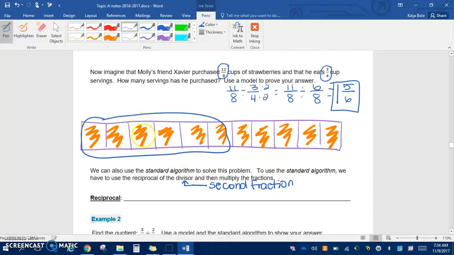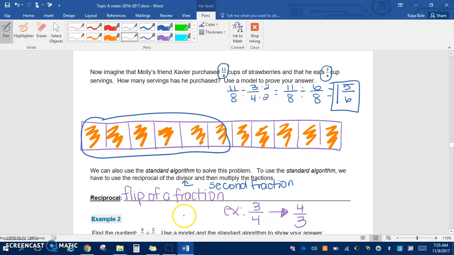Okay, so the reciprocal just means simply the flip of a fraction. Okay, so an example would be, if we took the example from up above, 3/4, the reciprocal would then be 4/3. So you simply just flip it.